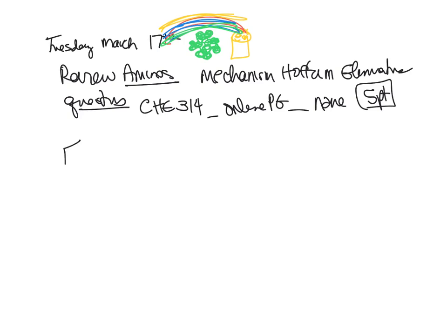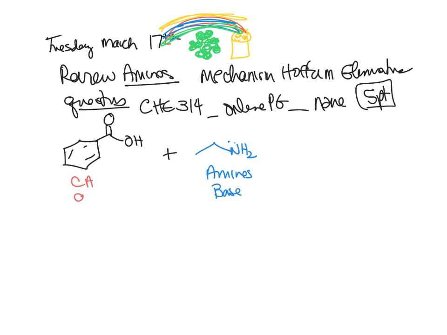Okay, so first let's just review acid-base chemistry. So we have benzoic acid and we have an amine. Amines are our organic bases, so this is our base, and carboxylic acids are our acids.